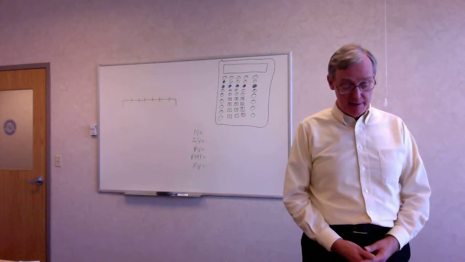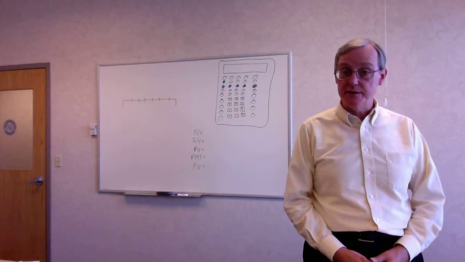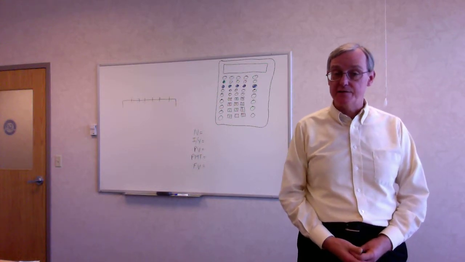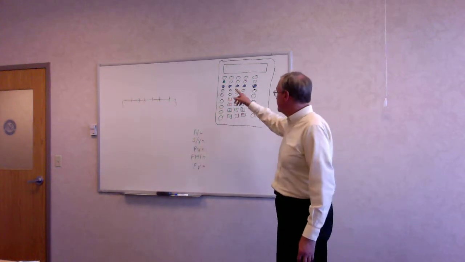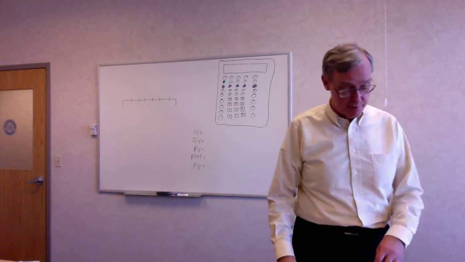So you take 2006, subtract 1879, that gives you the number of years. You have the beginning price, you have the ending price, and you solve or compute for the I/Y, and that will give you the number.